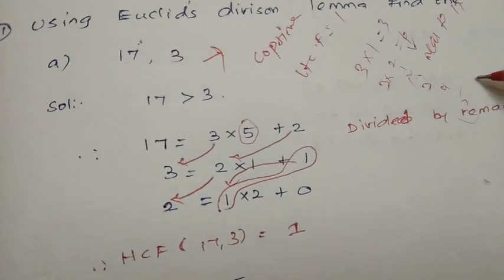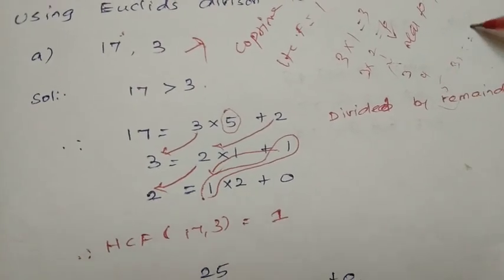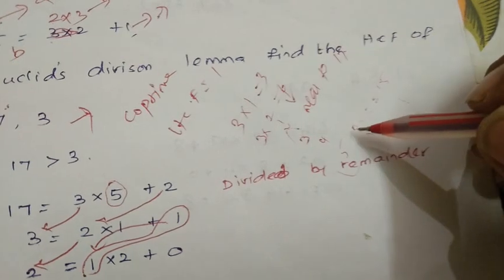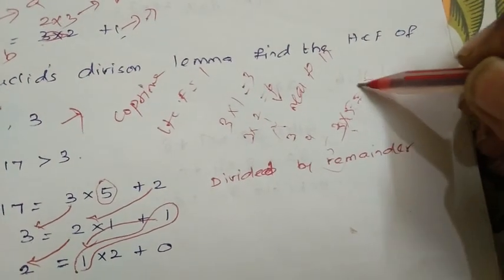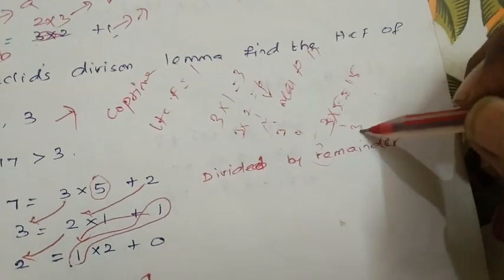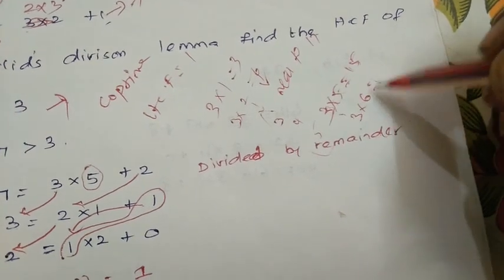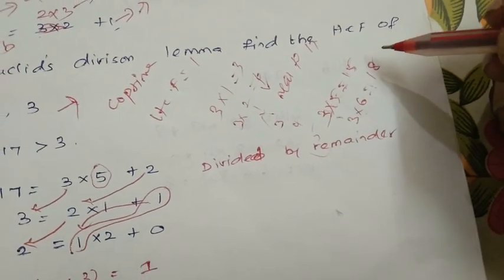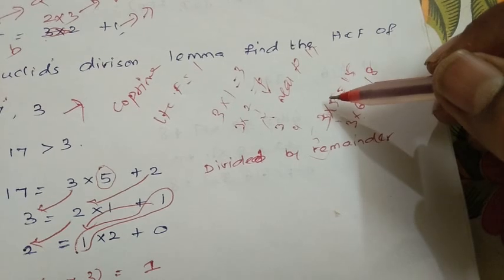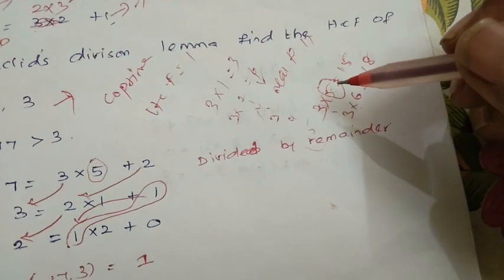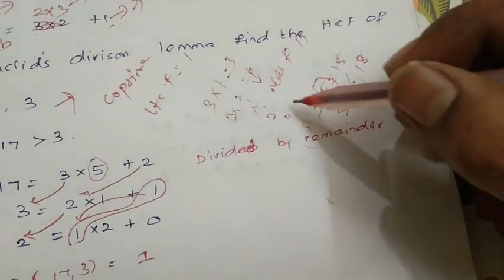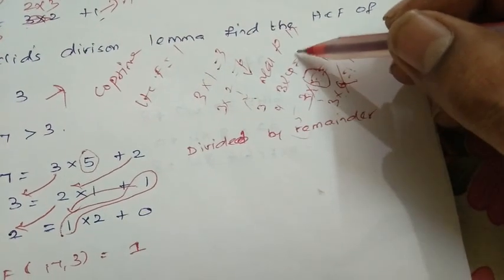That should be nearby the number. So 3 into 5 is 15. Suppose 3 into 6, you have 18. So here what number do I want to choose? 5. Here we need to omit this one. Suppose 3 into 4, that is 12.